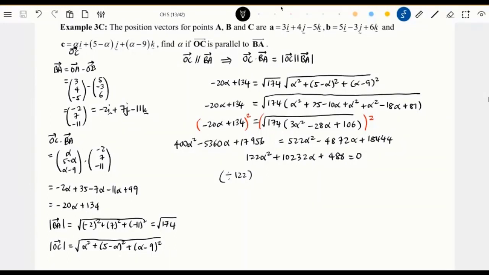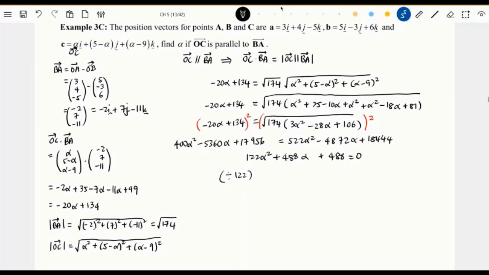Kejap ke saya ada salah kira. Miss, yang single alpha tu bukan 488 ke Miss? Yang dekat mana ni? Yang time pindah tu, yang single alpha. Is it this one? 488, ya Miss. Okay, thank you.